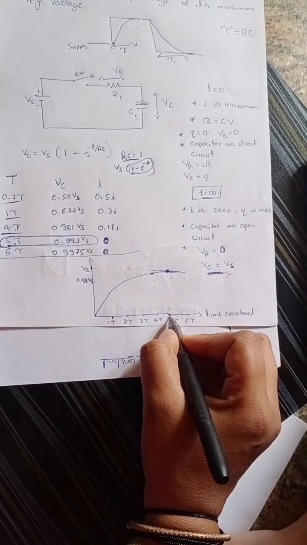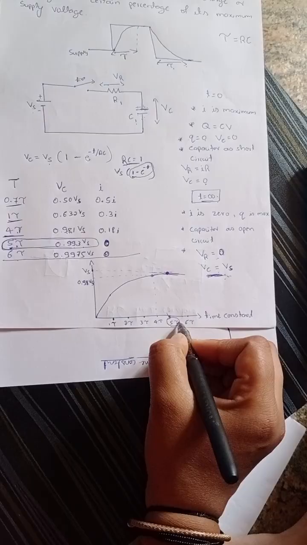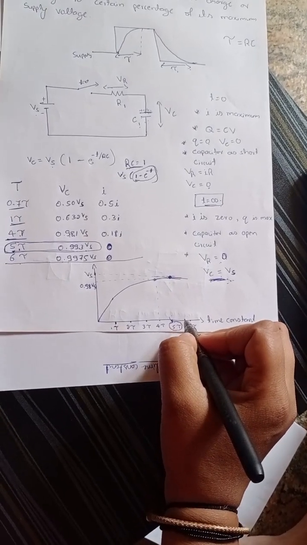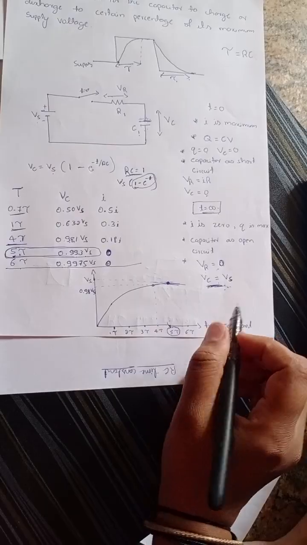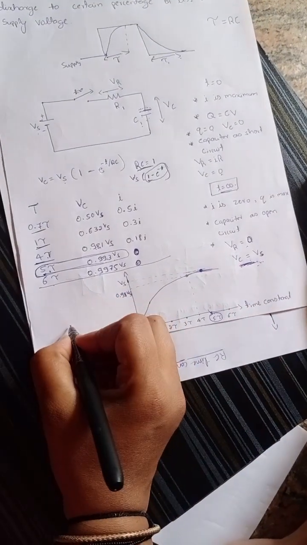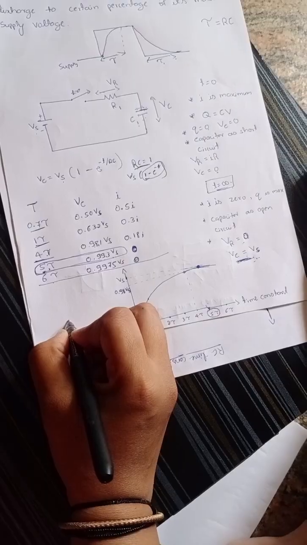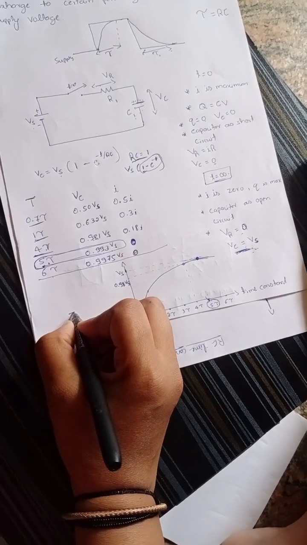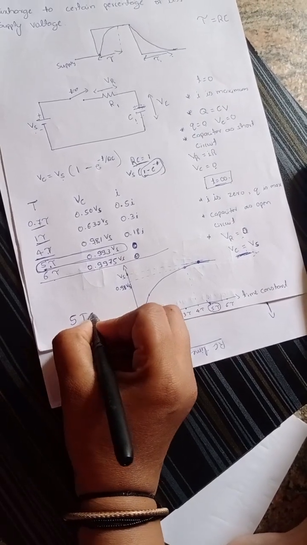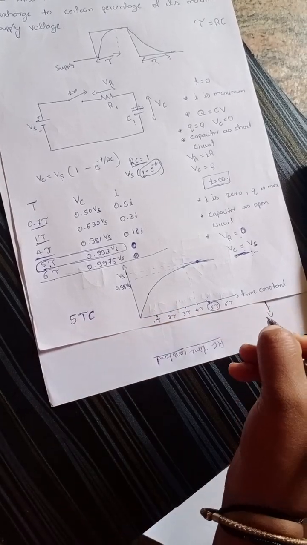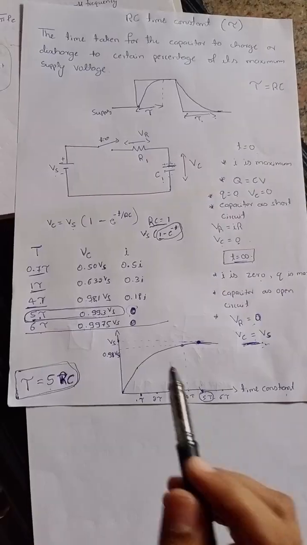So at least we need 5 times the RC time constant for the capacitor to charge to its maximum supply voltage. That is why in every RC circuit the time period should be greater than 5 tau. Then only can we observe the full charging and discharging effect of the capacitor.